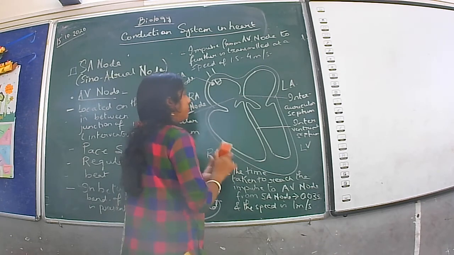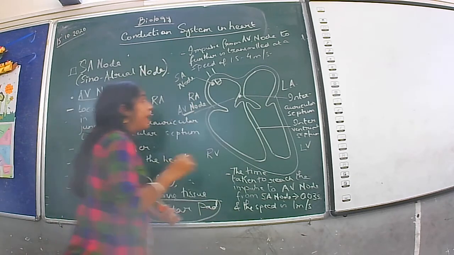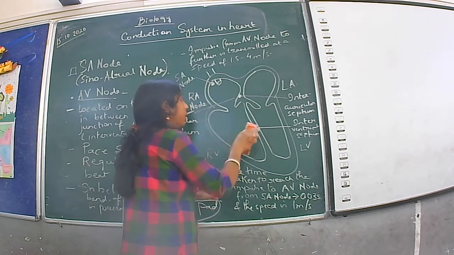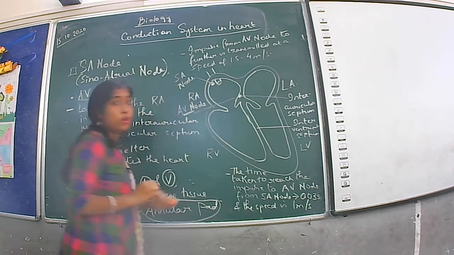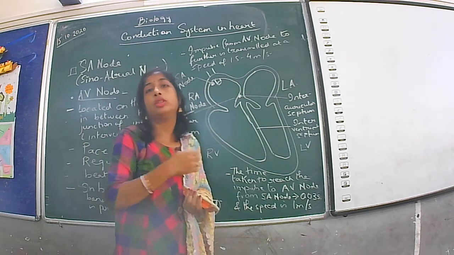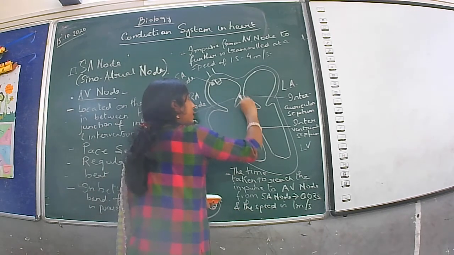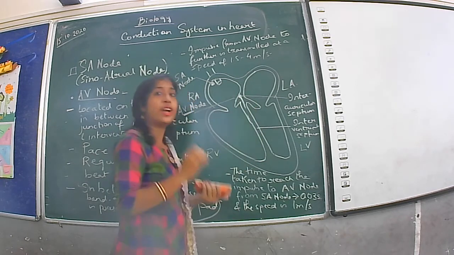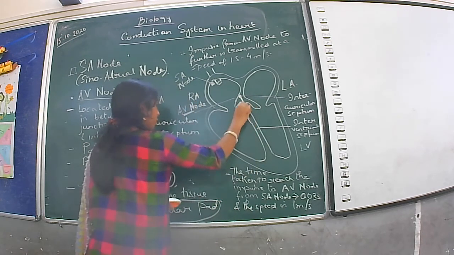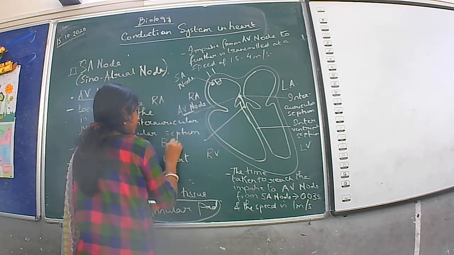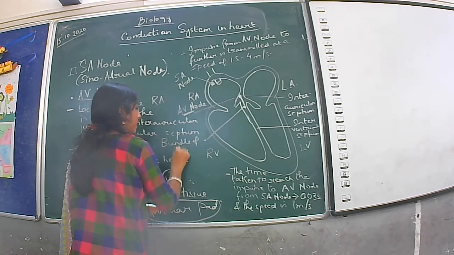Fine. Now, let me draw. This impulse which is being transmitted further from the AV node goes to another tissue, also through the cardiac muscles only, and this tissue is known as the bundle of His.